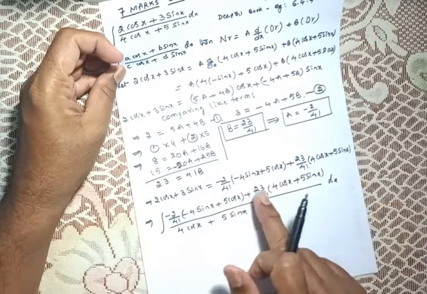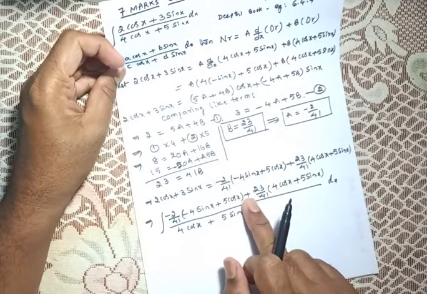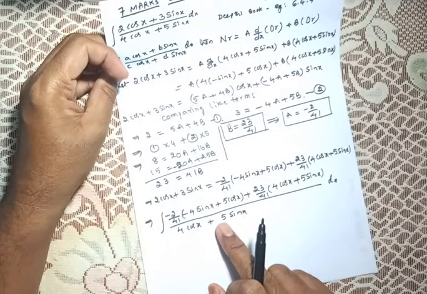In the numerator there are two terms separated by plus, so now we separate the numerator by the denominator.